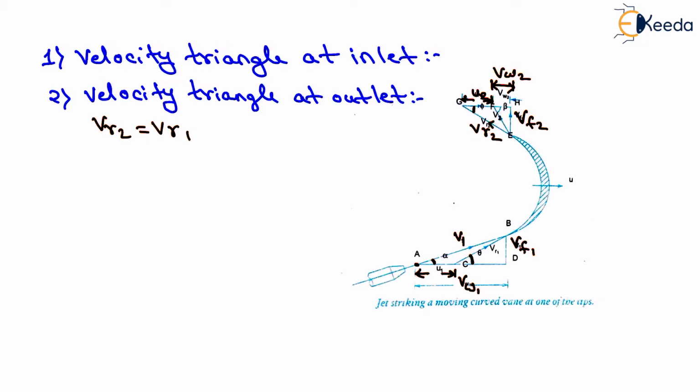and beta is the angle made by V2 with the direction of motion of the vane at outlet. Now if the vane is smooth and has equal velocity in the direction of motion at inlet and outlet, then u1 will be equal to u2 will be equal to u, and it is known as the velocity of the vane in the direction of motion.